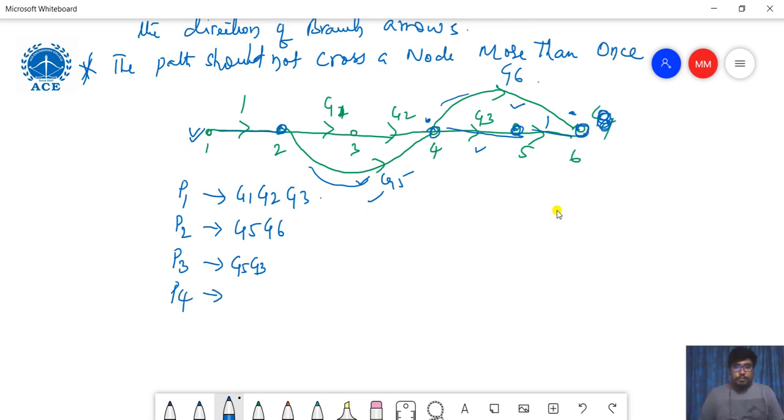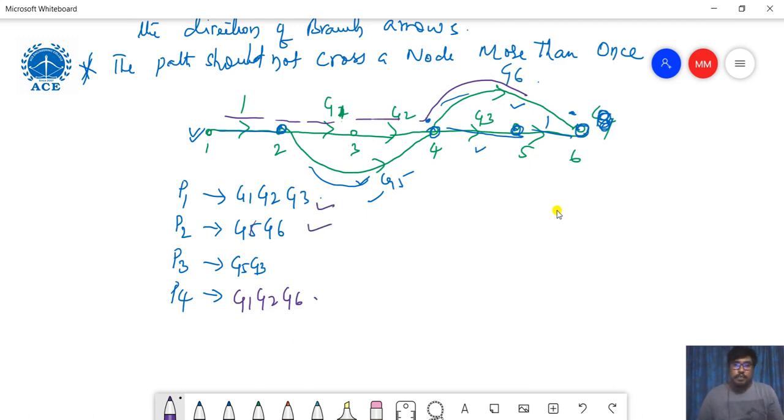Okay, still any more? P4. See this one, I will change here. This is moving, and it will move like this. This is another one. So P4 is nothing but G1, G2, G6. Still anyone? Okay, that's all. For this particular signal flow graph, we have 4 paths.